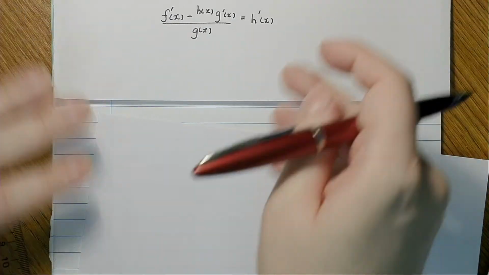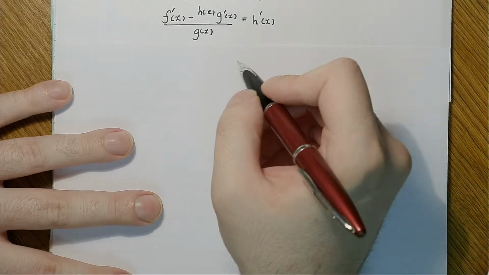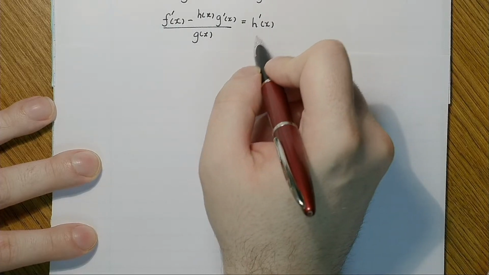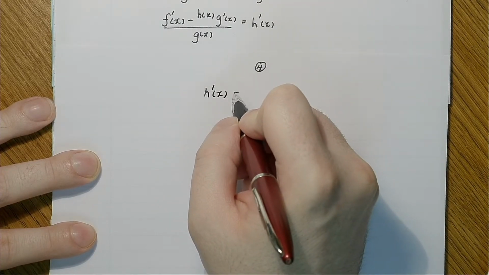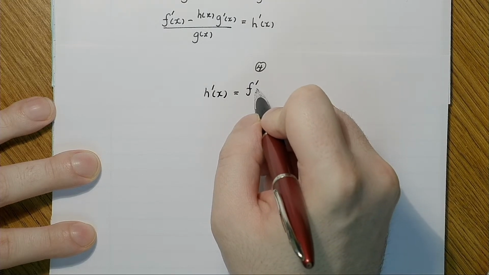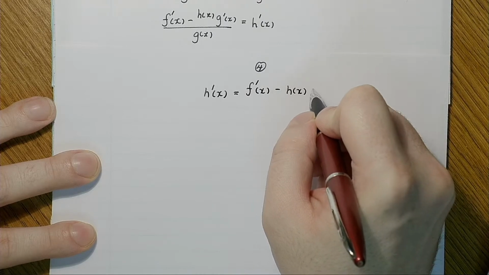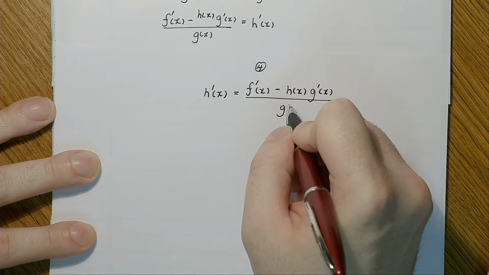Okay, so I'm not going to do any magic here. And by magic, I mean I'm just going to use a new piece of paper here because I'm running out of room. I'm just going to write h prime of x on the left-hand side. And I have f prime of x minus h of x, g prime of x, all divided by g of x.